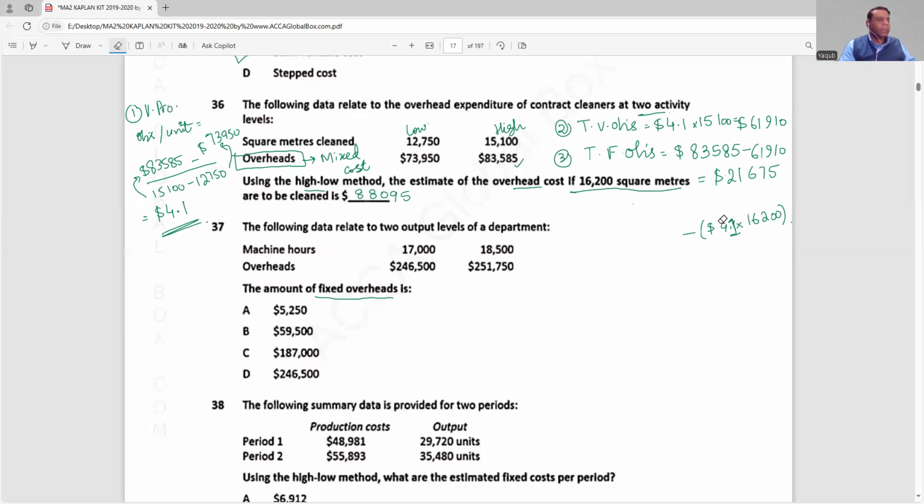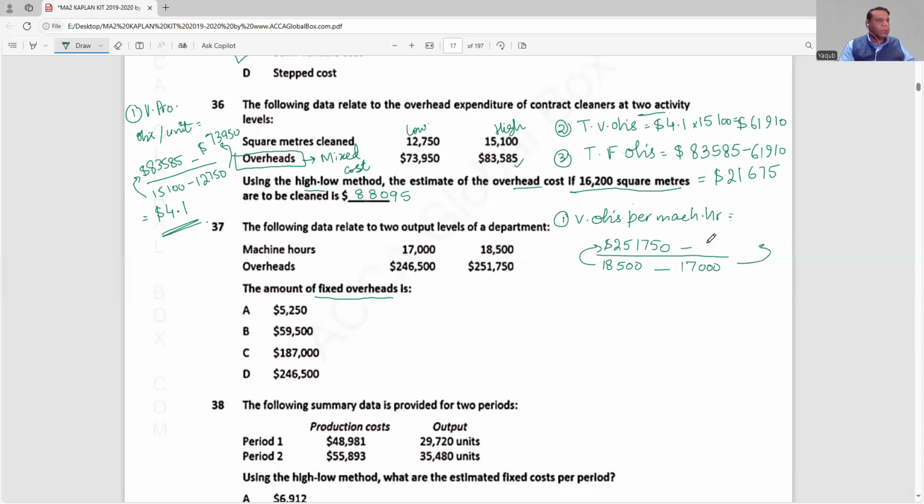So first, variable overheads per machine hour is equal to the highest activity level minus the lowest activity level.